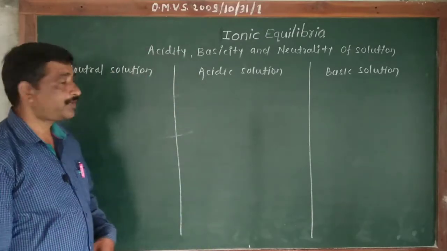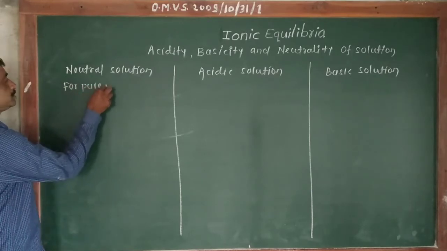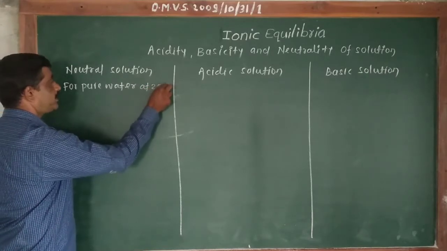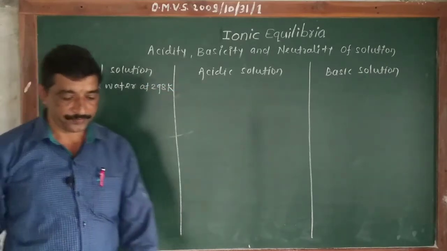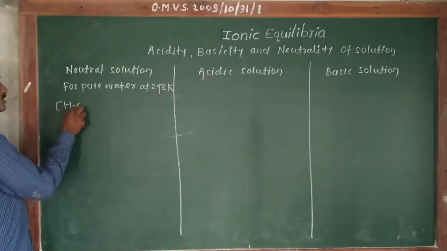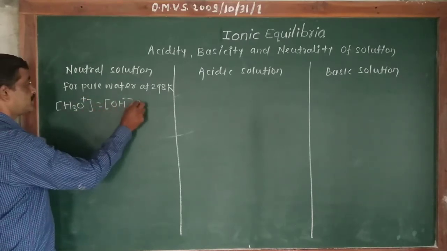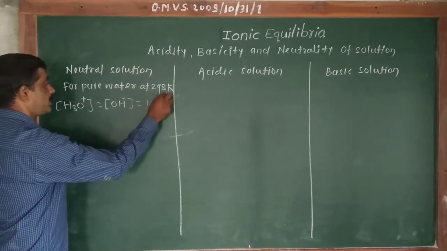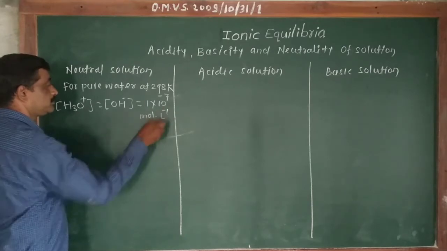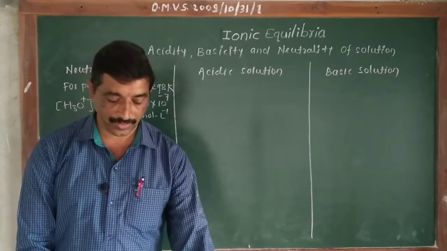So we know here for pure water at 298 Kelvin temperature, that is at room temperature, the concentration of H3O+ ions is equal to the concentration of OH- ions, and it is equal to 10 raised to minus 7 mole per liter. Okay, that is what we studied in the ionic product of water.